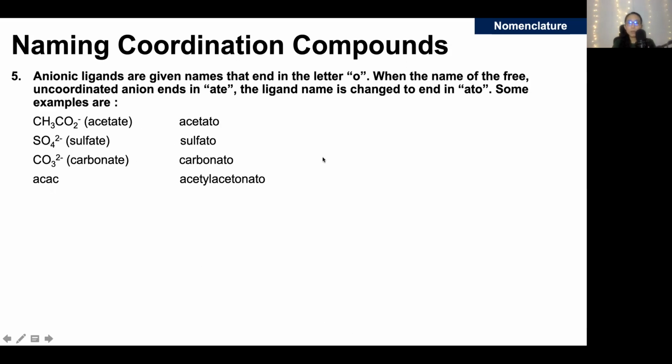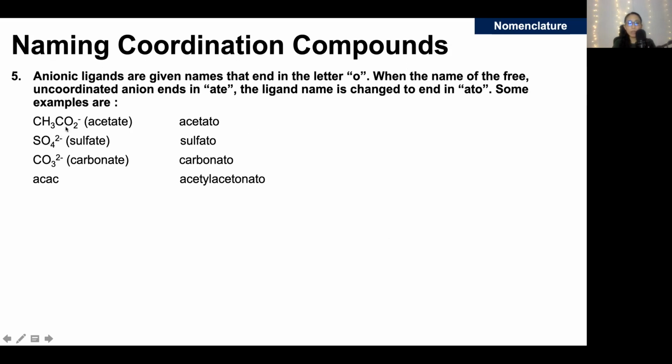Okay, rule number 5. Anionic ligands are given names. So we are now tackling anions as ligands. They are given names that end in the letter O. Okay, so for example, if the name of the free uncoordinated anion ends in ate, the ligand name is changed to end in ato.